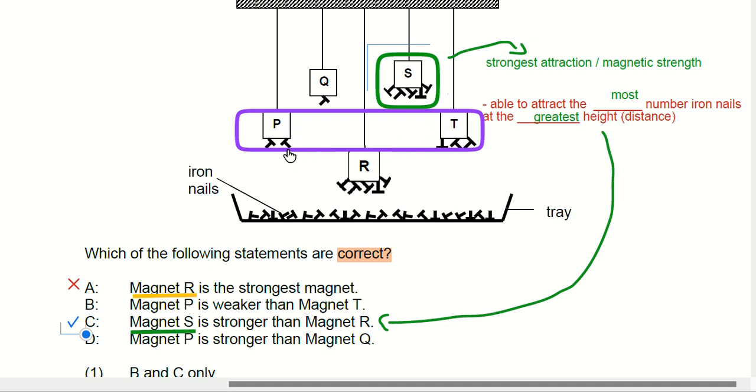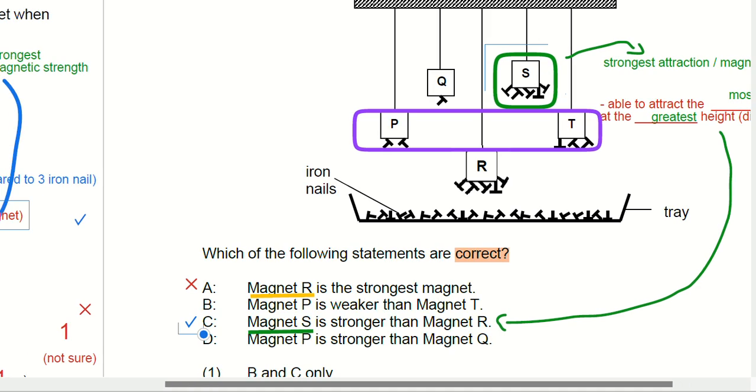We can see that magnet T is able to attract the most number of nails when I compare it to magnet P. So it means that magnet T is stronger than magnet P, so P is weaker. Magnet P is weaker than magnet T. So this statement is correct.